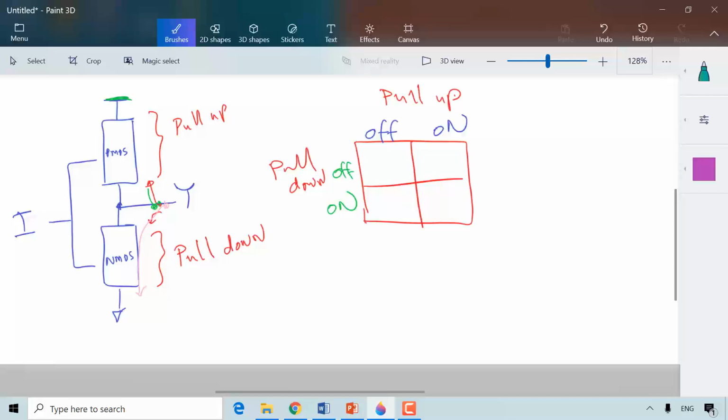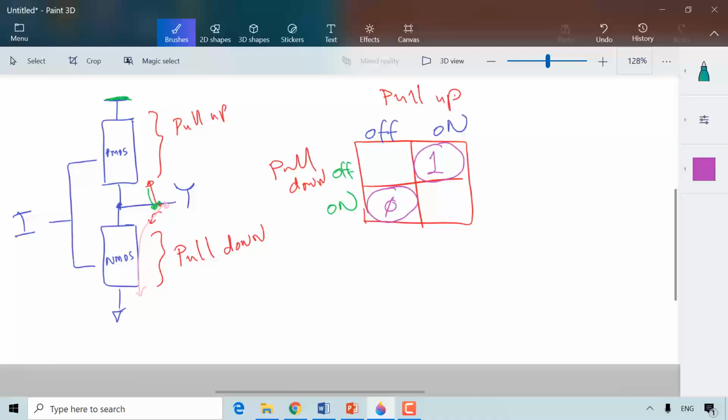If you look at this case, the pull-up is on and the pull-down is off, and this is when the output equals logic 1. The output will be charged to VDD. In this quadrant, the pull-up is off and the pull-down is on, and this is where the output value equals logic 0, 0 volt.